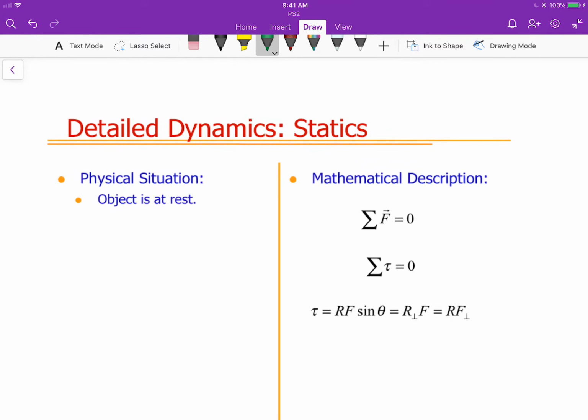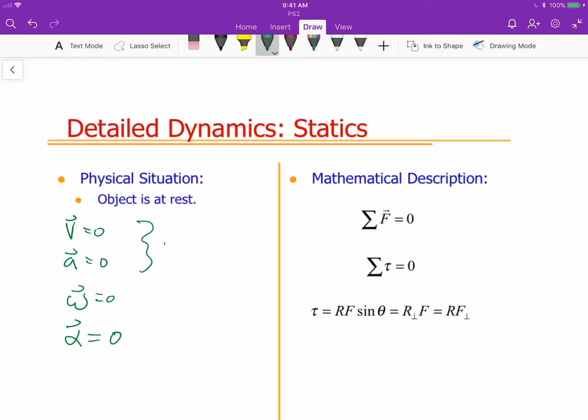statics. What's going on with statics is basically you just have an object that's at rest. That's the only thing that's going on here. By at rest I mean that v is equal to 0, a, the acceleration, is equal to 0, and then you also have omega is equal to 0, and the angular acceleration is equal to 0.